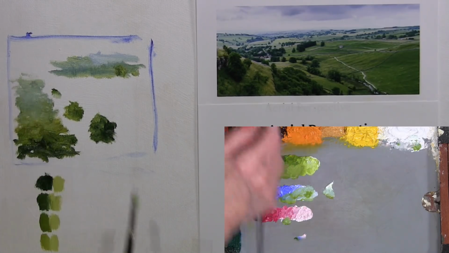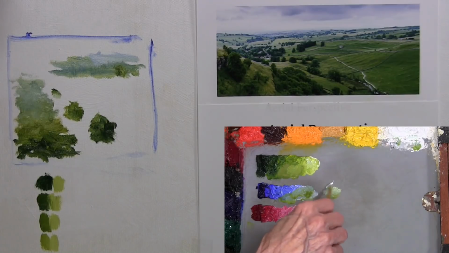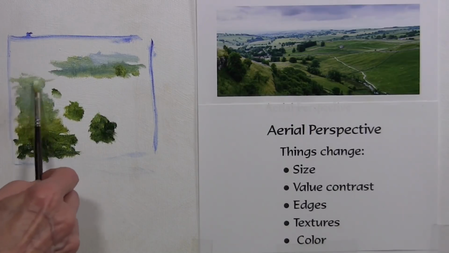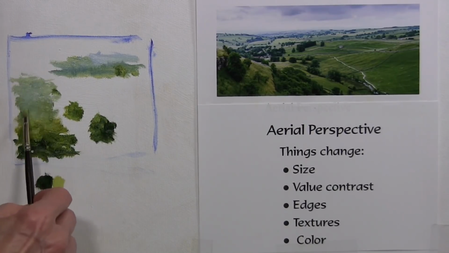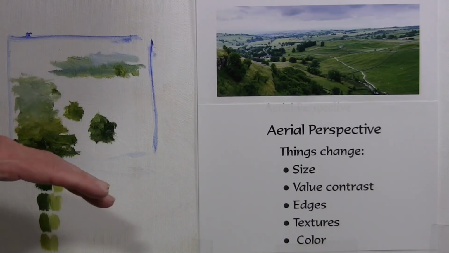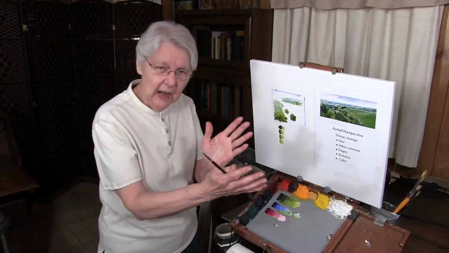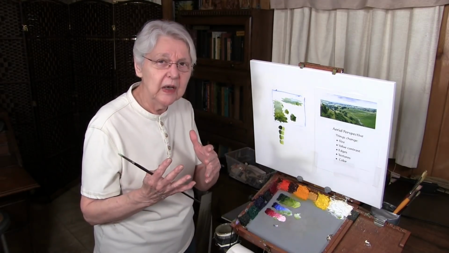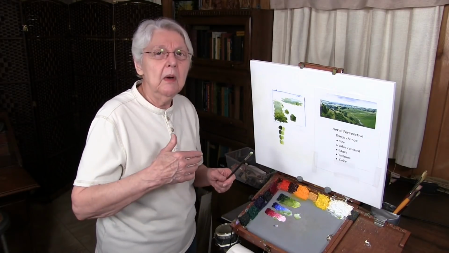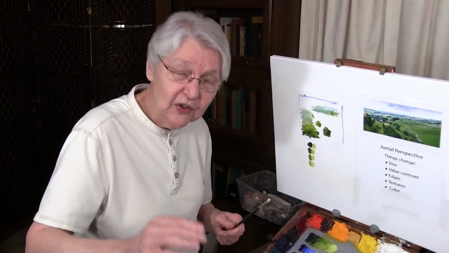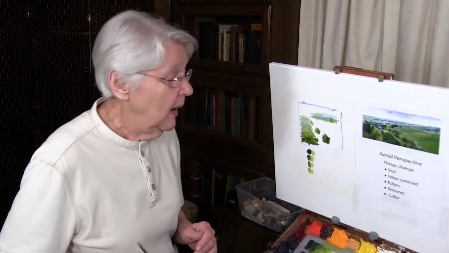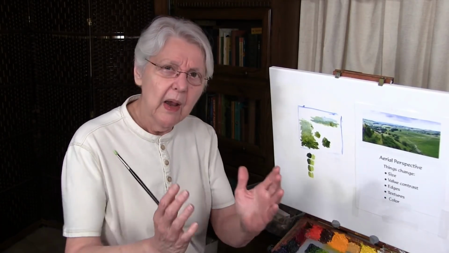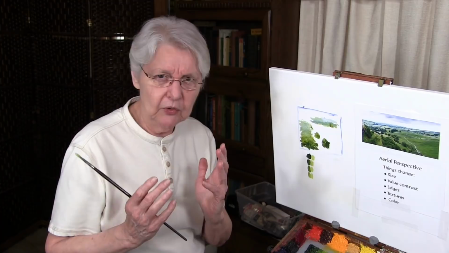And of course, if you go out west, you're going to have a different sort of thing to look at, where you don't have the greens, where you have more of the earth colors. So I say don't believe rules, but if you look for these things, then allow your subject or whatever you're looking at to tell you what you're seeing, instead of you deciding what you're going to see, which a lot of people do. Look at the various things I pointed out here and allow your seeing to tell you what you're seeing.